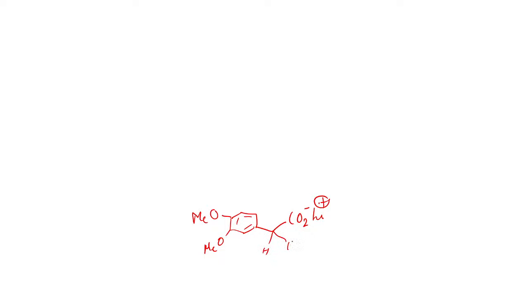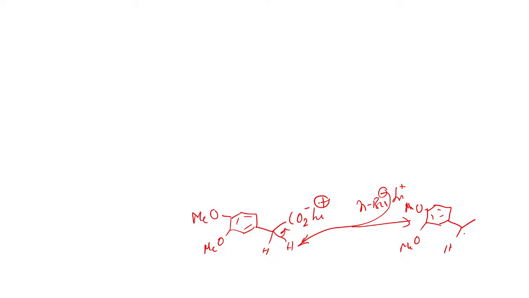Now you have the acidic hydrogen, and the other n-butyllithium can deprotonate this, and you form this kind of intermediate.